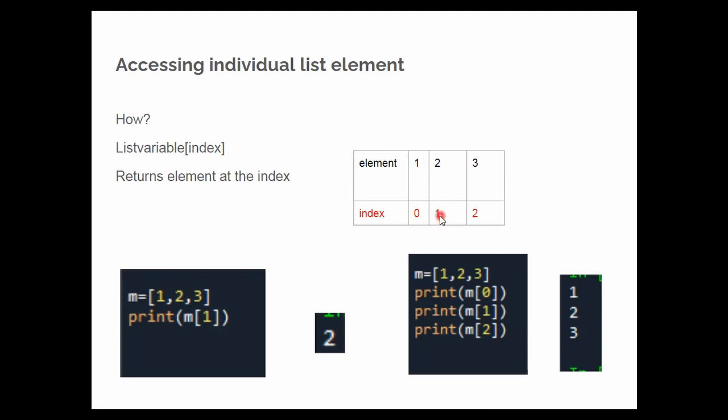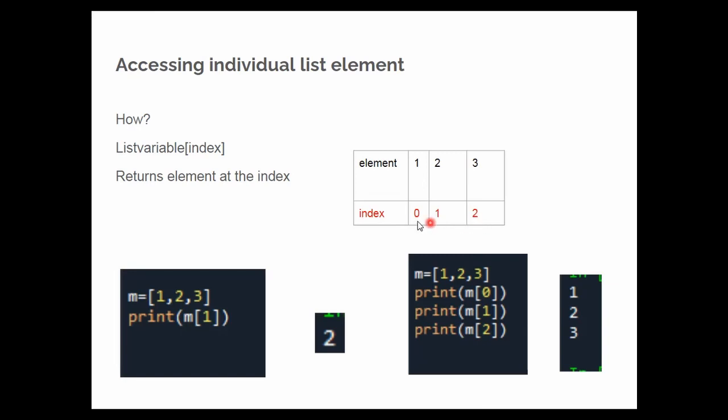At cell number 1, element 2 is present. At cell number 2, the value 3 is present. So in order to store the list elements, these indices are created, which are called cells. Each element is indicated by an index. This is index number 0, this is index number 1, this is index number 2.